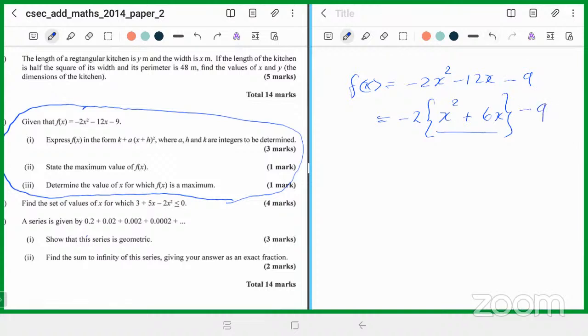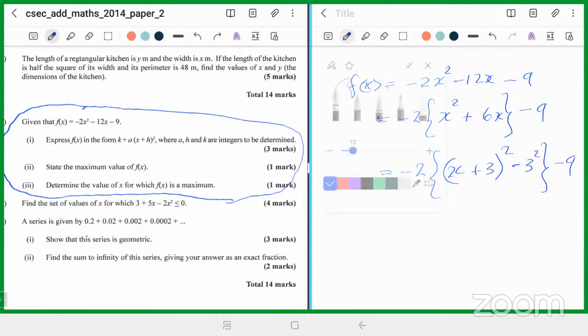Then complete the square inside there, the normal way. Half of this, and then subtract the square of what's in the brackets. Easy stuff. Equals -2 into x plus half of this, which is a positive 3. Don't forget the square. Then subtract the square of this, -3 squared, all inside the bracket, and then subtract back this 9.